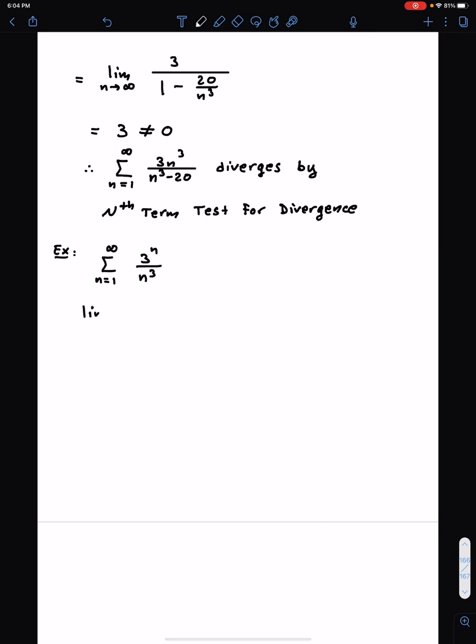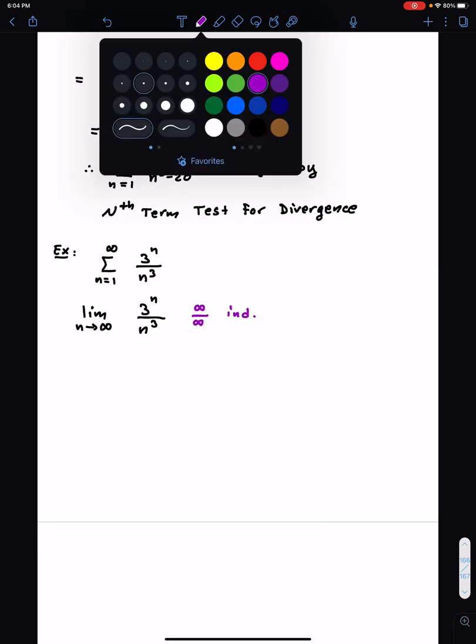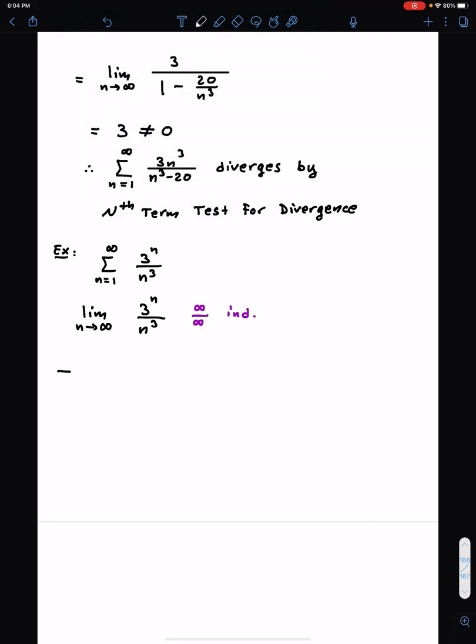So the limit as n approaches infinity of the nth term, or 3 to the n, divided by n cubed. Infinity divided by infinity, which is indeterminate, so I'm going to use L'Hopital's rule.